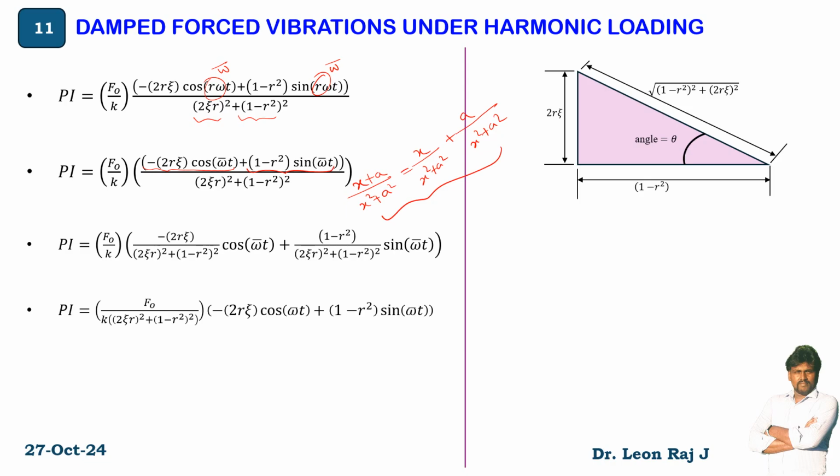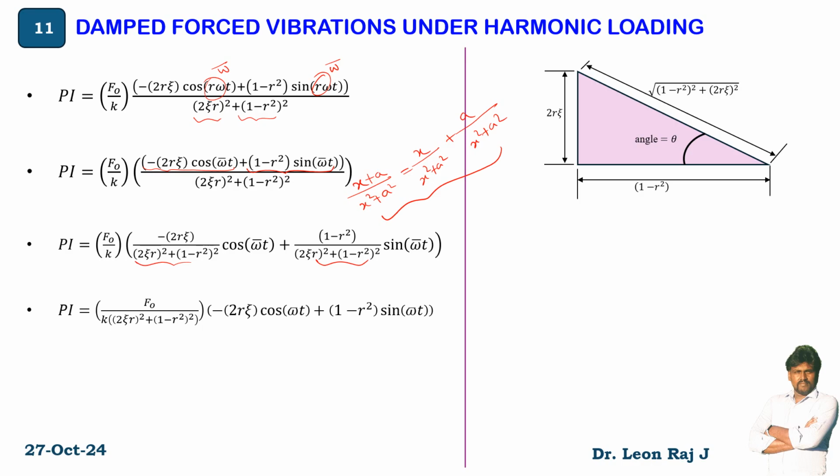So just taking the whole term, the constant terms out, f0 by k into 2 xi r whole square plus 1 minus r square into minus 2 r xi cos omega bar t plus 1 minus r square sin omega bar t.